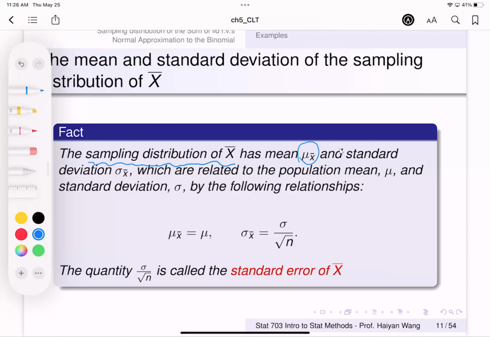So the mean of x bar is the same as the mean of xi. And the standard deviation of x bar is equal to the population standard deviation of the xi's divided by the square root of n. And this quantity, sigma over square root of n, is referred to as the standard error of x bar.